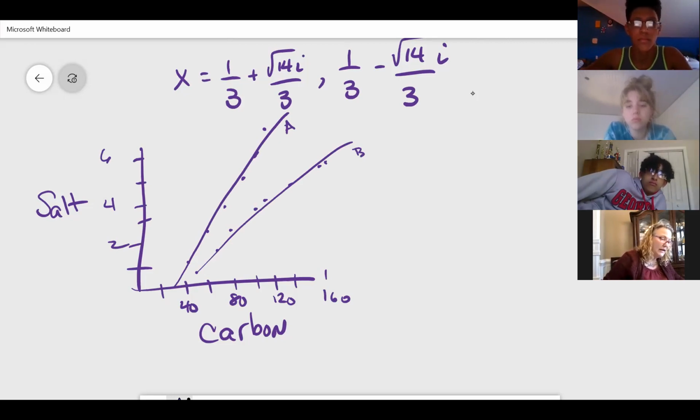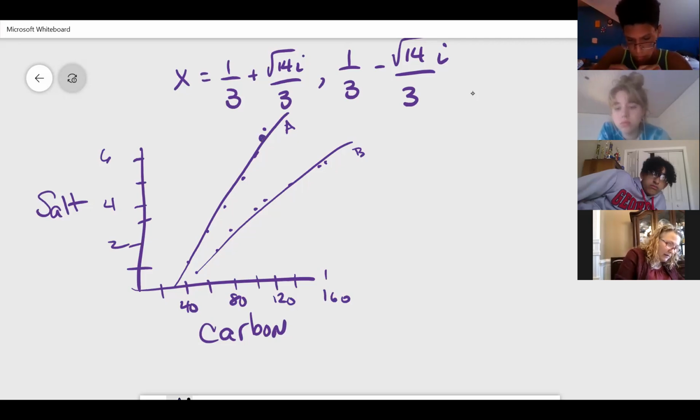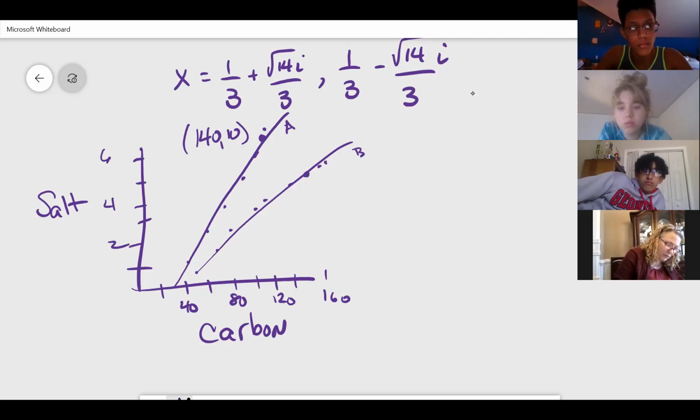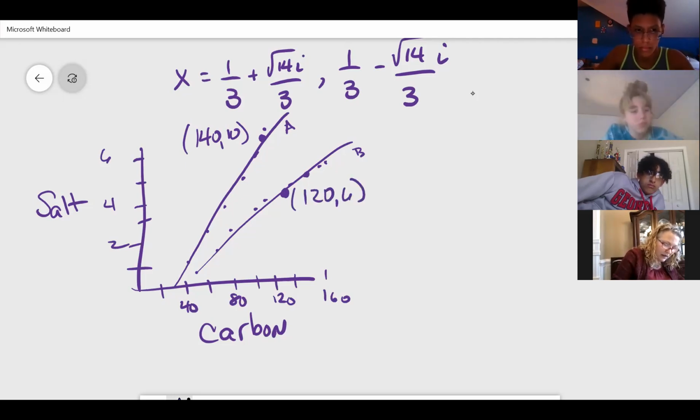All right, so we do that, and we want to try and find a couple of points on these lines. So say I look over here on line A, and I'm able to identify a point right here, and say this point is 140, 10 on line A. And then let's say I find a point exactly over here on line B. Let's make it look a little more realistic. And this point is going to be 126.